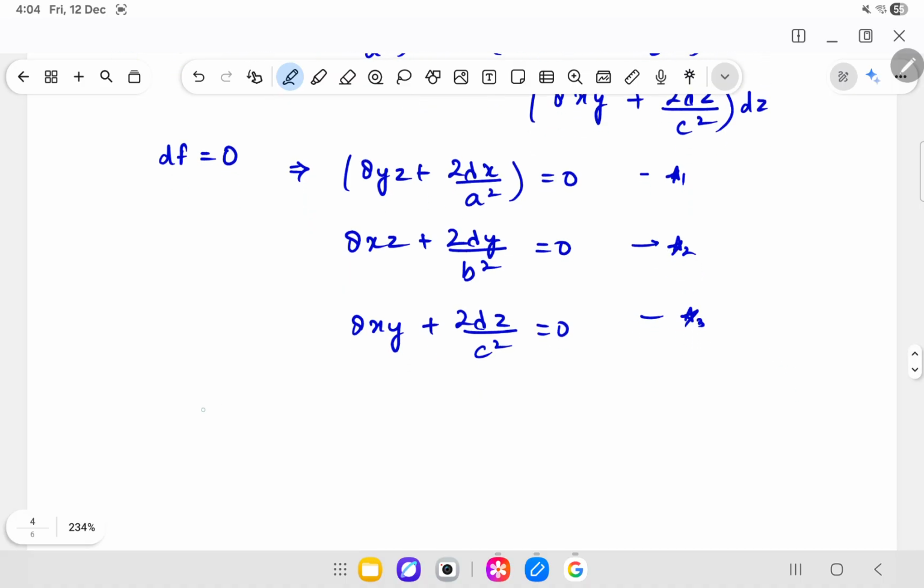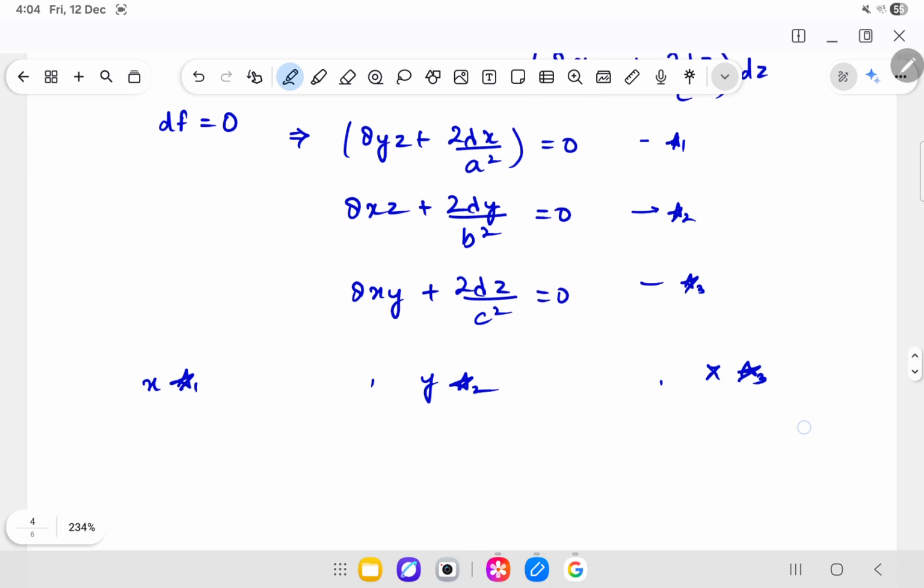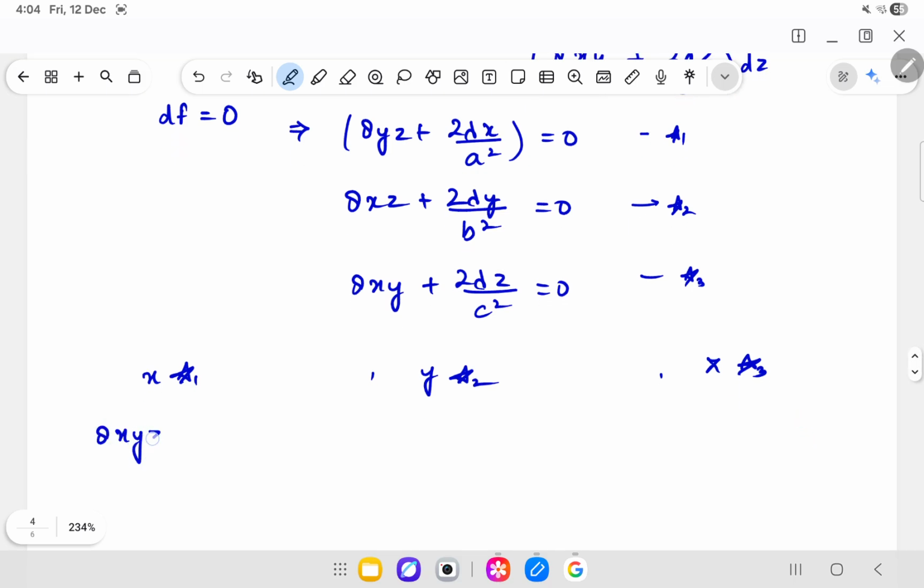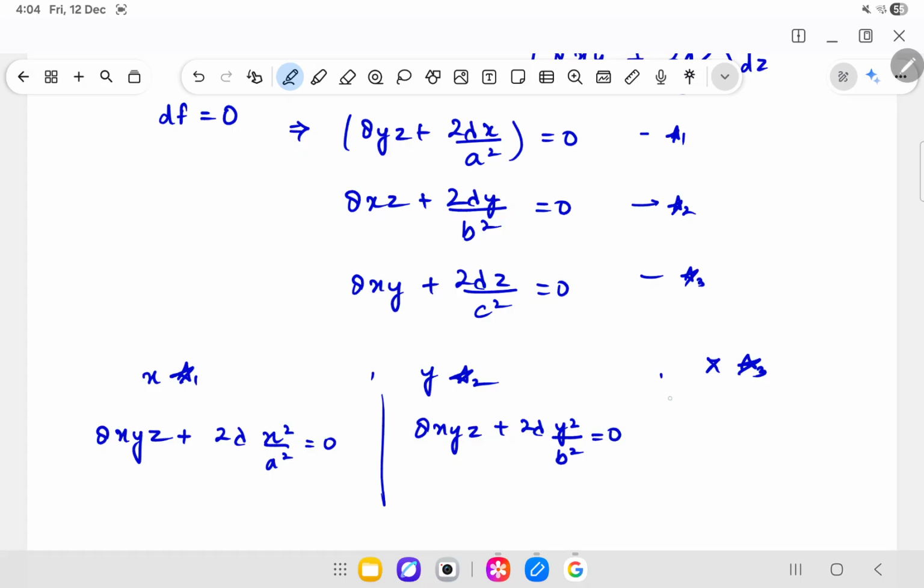If I multiply star 1 by x, star 2 by y and star 3 by z, I'll get 8xyz plus 2 lambda x square by a square equals 0, 8xyz plus 2 lambda y square by b square equals 0, and 8xyz plus 2 lambda z square by c square equals 0.